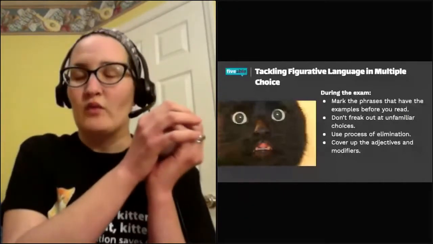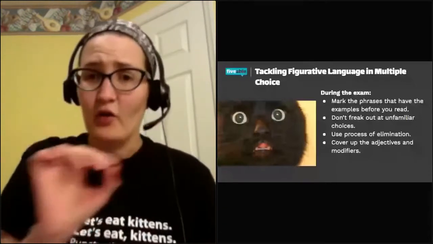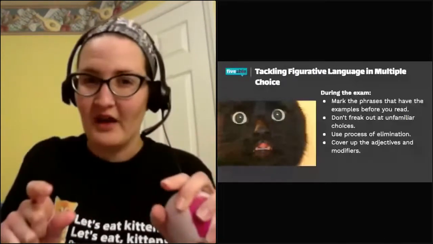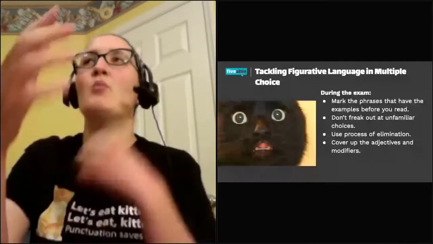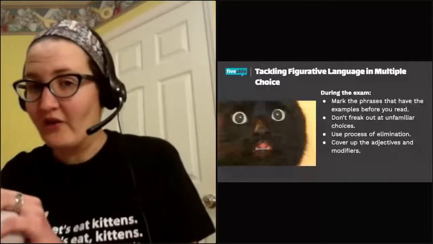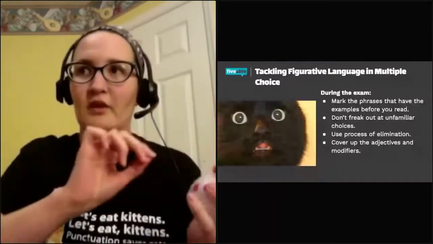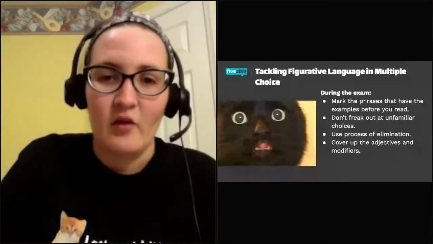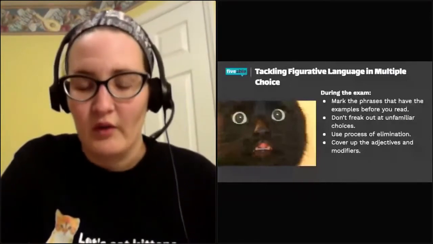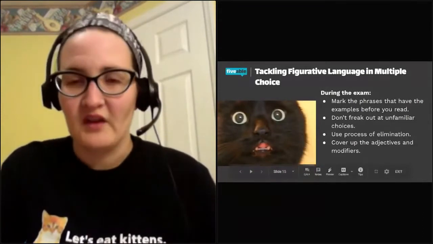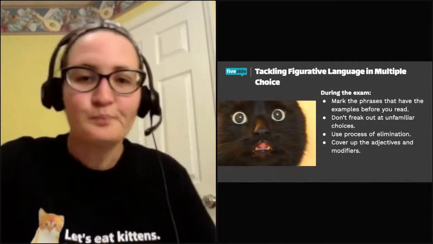Before you even start reading the passage, I would go ahead and mark those passages so you know what to look for, not just going back out of context to look for what the question's asking, but looking at line 12 in context, so that when you have to go back to it in a question, you've already marked it really well. So you know what you can annotate really quickly. Mark the phrases that have examples before you read. Go through those questions, mark line 12, line 10 through 16, whatever they're asking you to do.